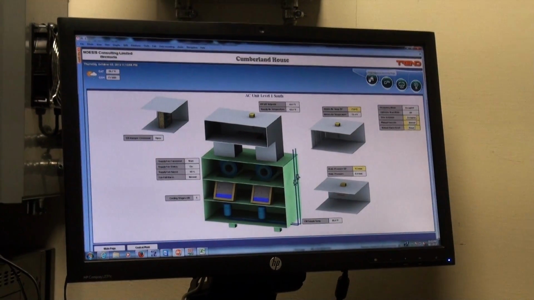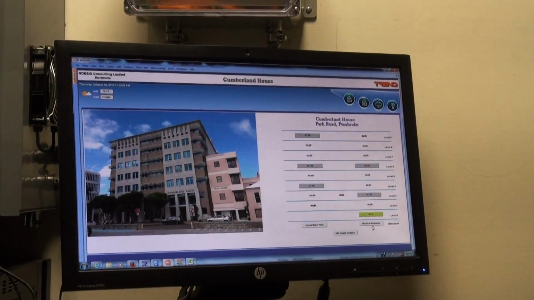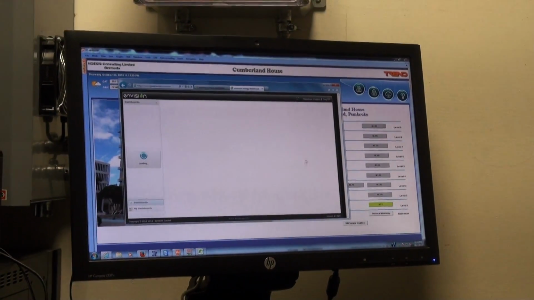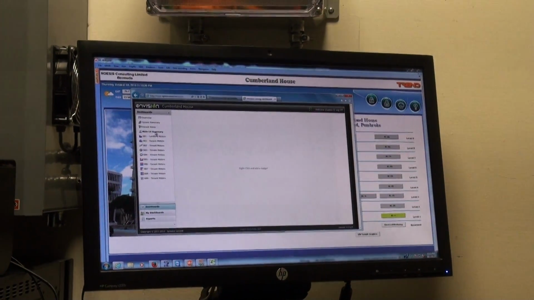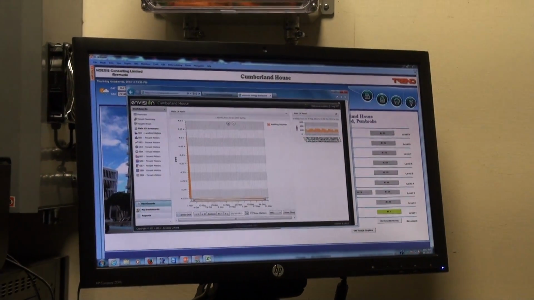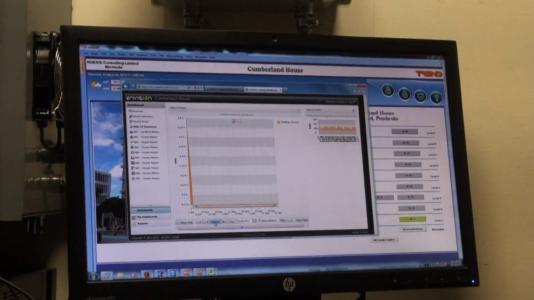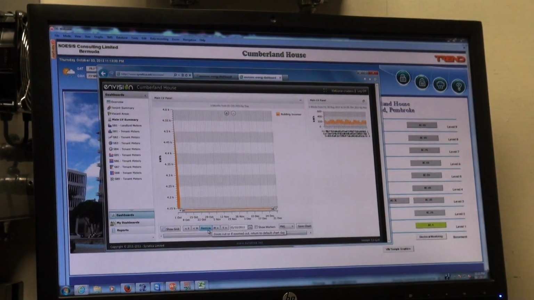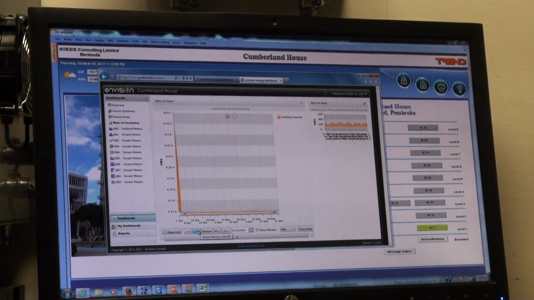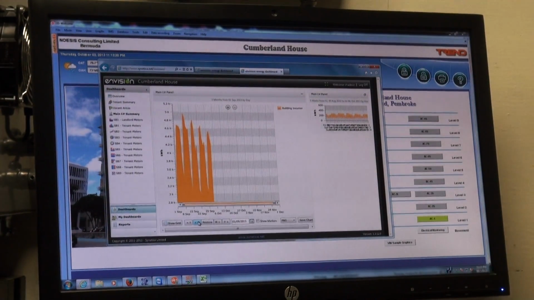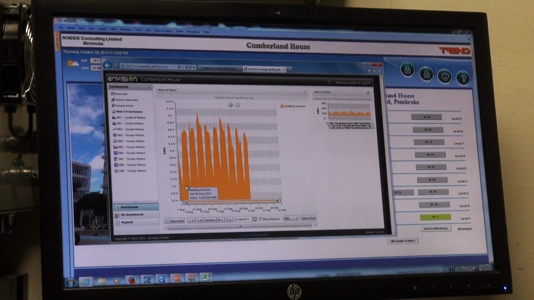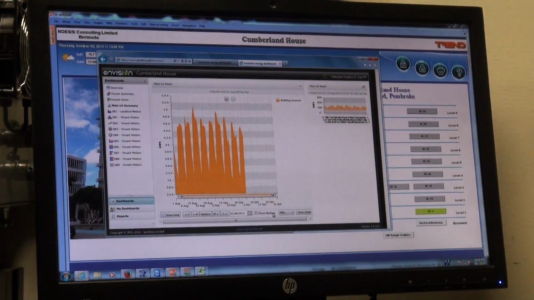While we're doing that, we're going to go to the electrical monitoring. With this system, we're actually monitoring the incoming supply.